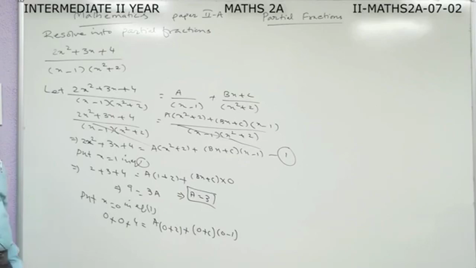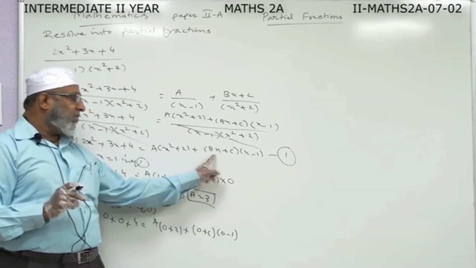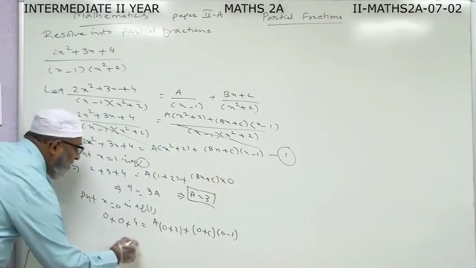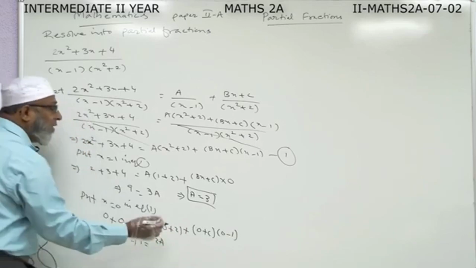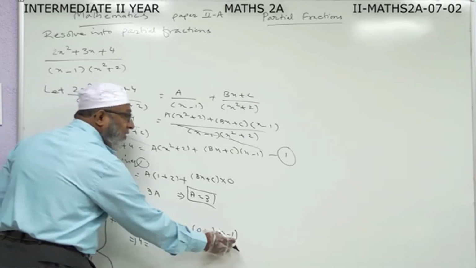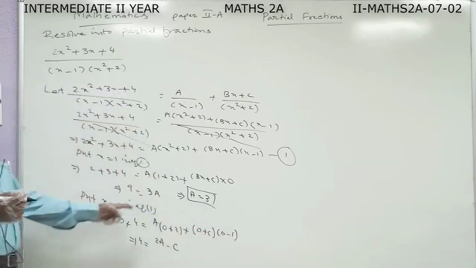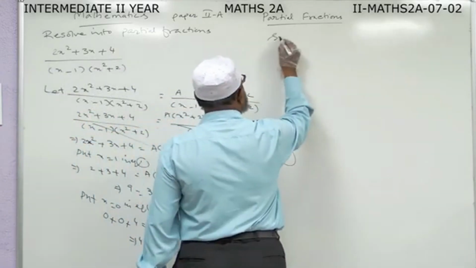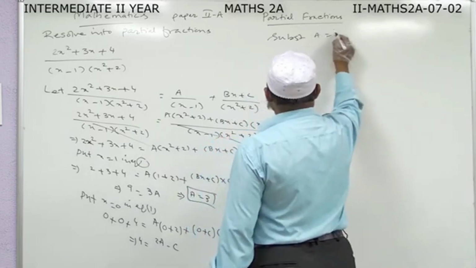Wherever x is there, I have replaced it by 0. Now what happened? This is nothing but 4 = a into 2, that is 2a. This is c into minus 1, which is minus c. So this is nothing but 2a − c. Previously, I got the value of a, substituting a = 3 here.